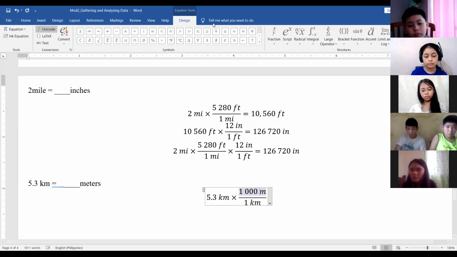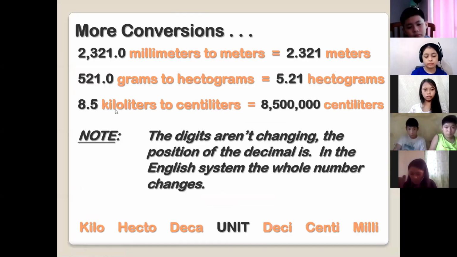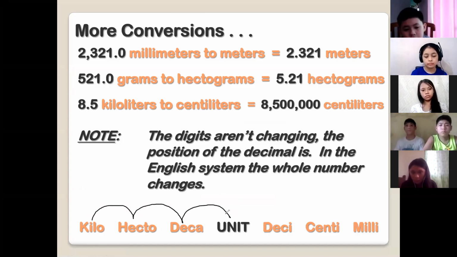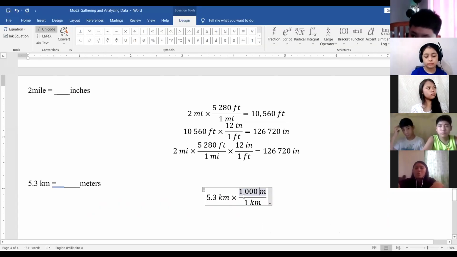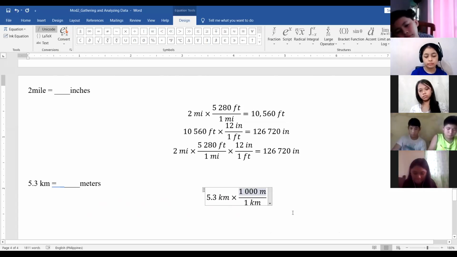From here, 1 kilometer, how many steps are there in going to meter? 1, 2, 3. It's also the number of times the zero is moved from 1 kilometer to meter. So we moved it to the right, 1, 2, 3. So 1,000 meters. And from there, we multiply 5.3 times 1,000.